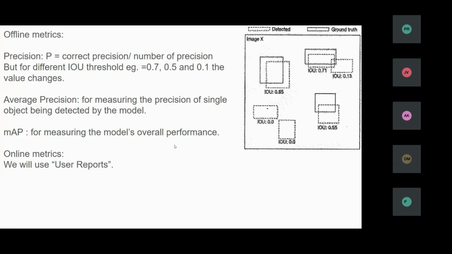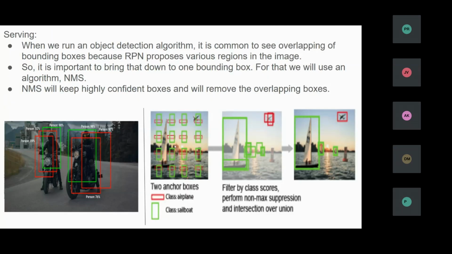In online metrics, we'll use the user reports or complaints or feedback from the users. So while serving, once we have already deployed the model, when we run an object detection algorithm, it is common to see overlapping of bounding boxes because RPN proposes various regions in the image.